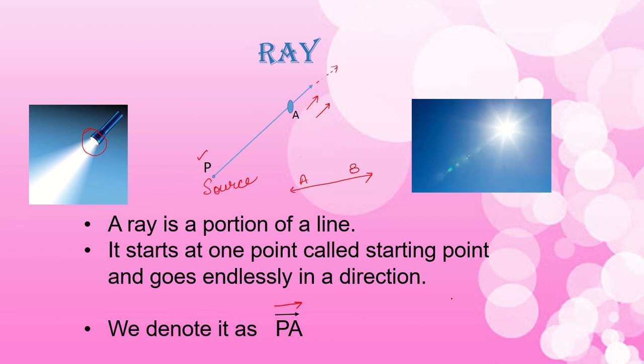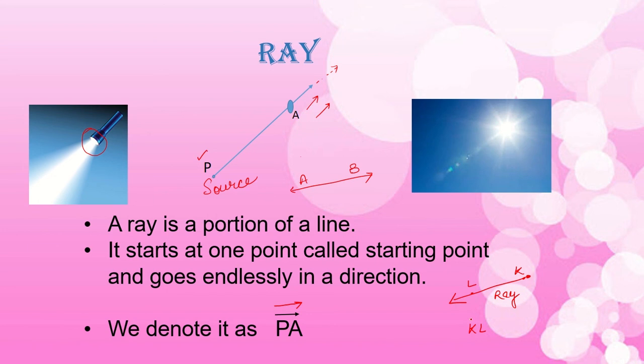Suppose you have this kind of ray, K, L. K is the starting point of this ray. And how will you denote it? I will write KL.